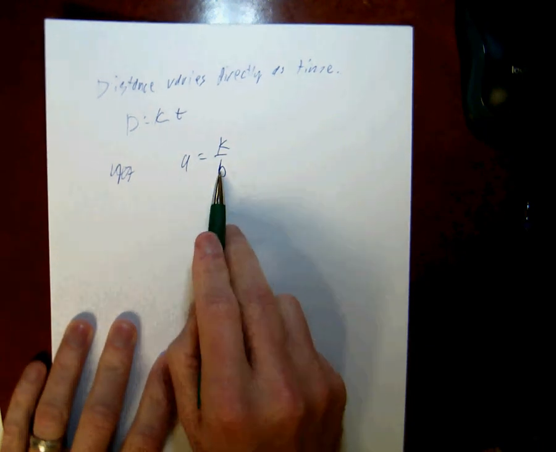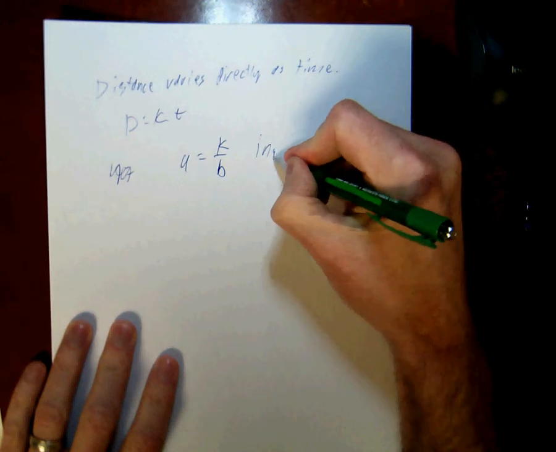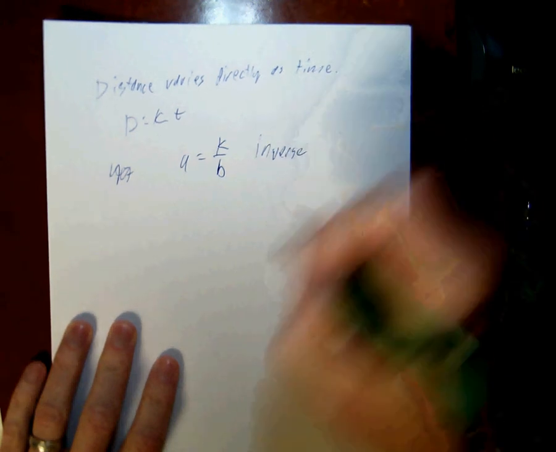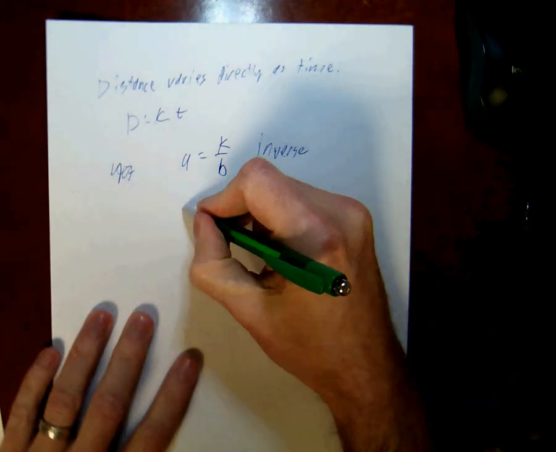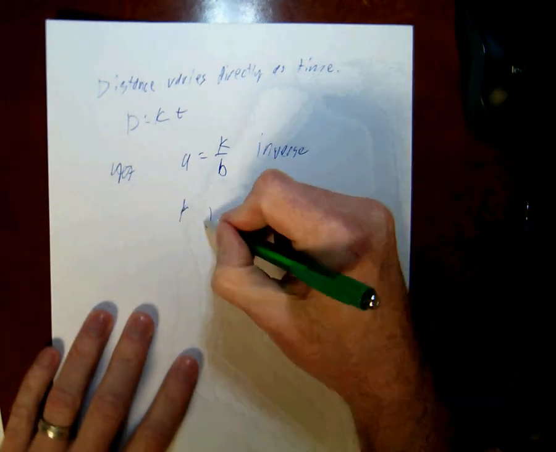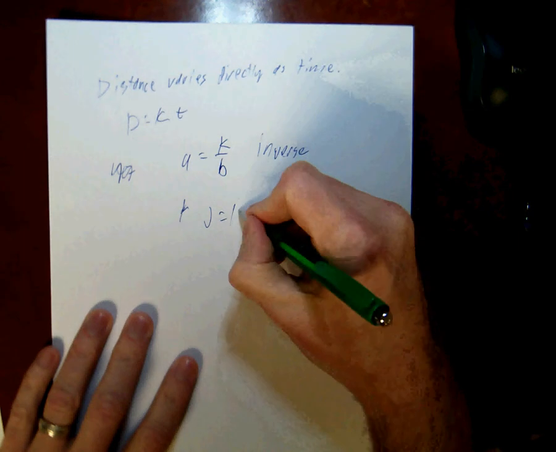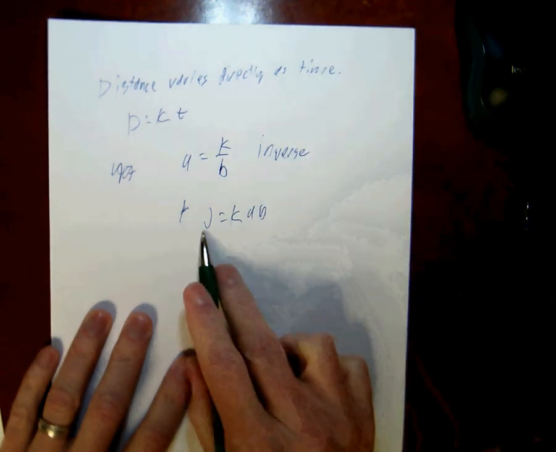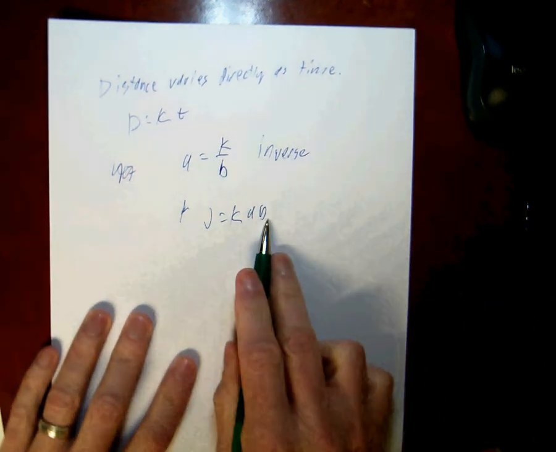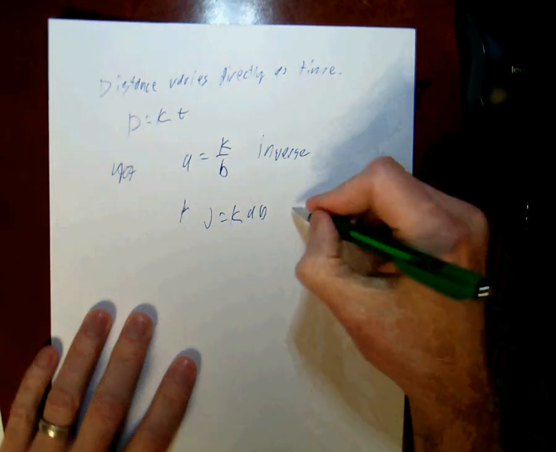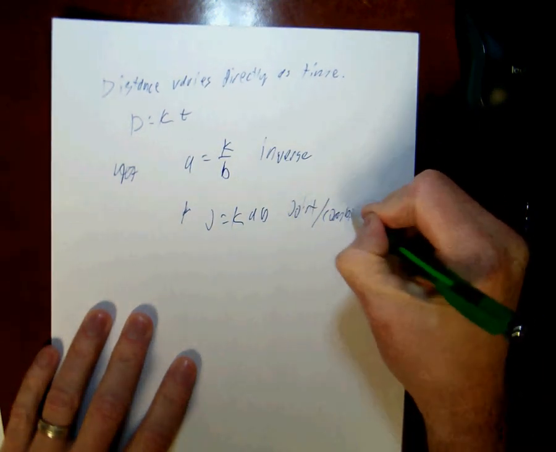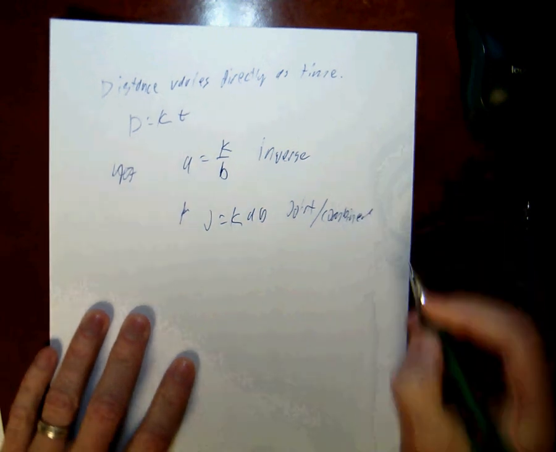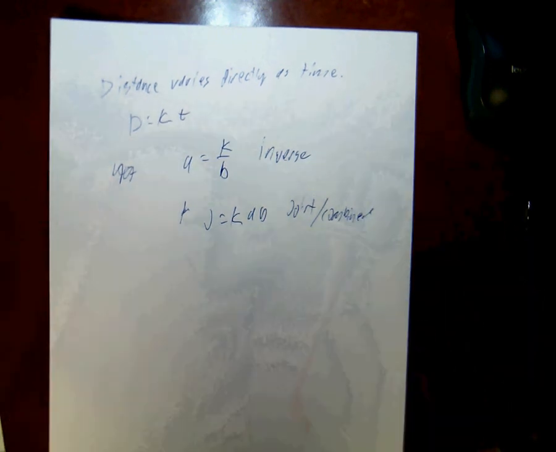Well, if you're dividing, this is inverse. They play around with the letters. I could say j is equal to k times ab. Well, if you look at this, you think, oh, this is going to be joint variation or combined, because this is from our textbook, and I don't know why they use combined, but they do.